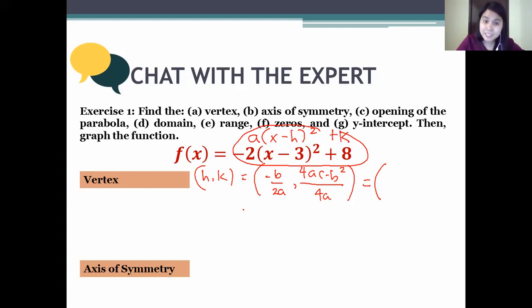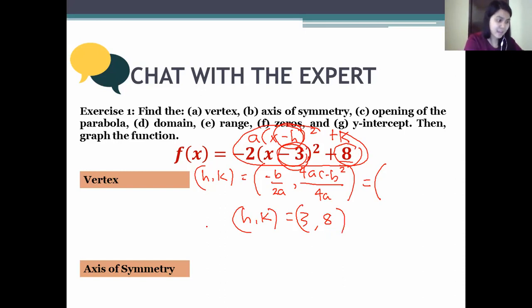So our h, k will be the opposite of this, then copy the k. So the opposite of -3 is +3. Then copy 8. So our vertex will be 3, 8. Next, our axis of symmetry is x equals h, so it will be x equals 3.